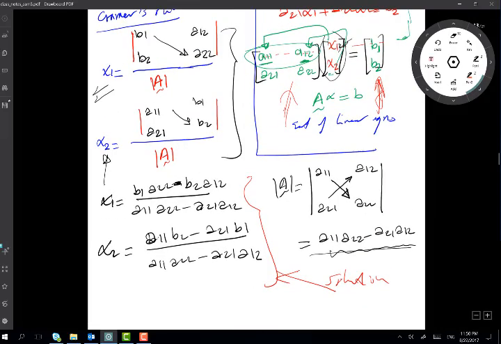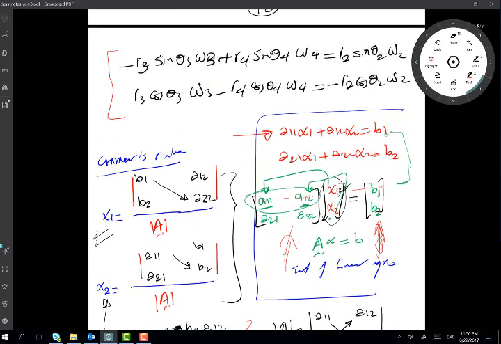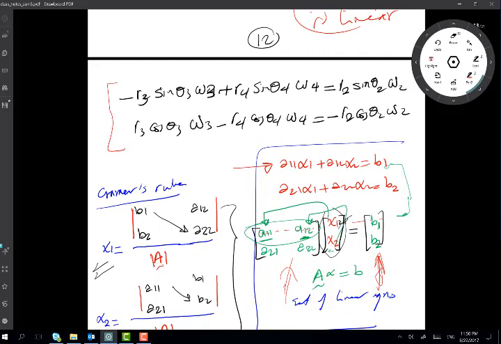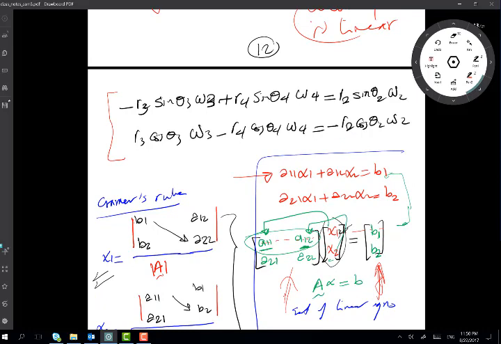So in this case, this is a little bit of linear algebra that we may need to do. Let's build our system of linear equations for my two equations. My unknowns will be omega 3, which corresponds to x1, and omega 4, which corresponds to x2.